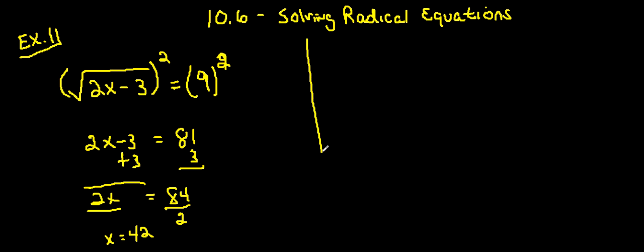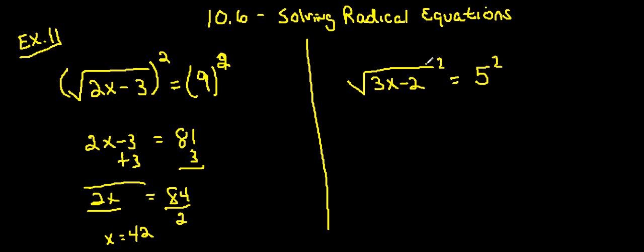Its partner over here was the square root of 3x minus 2, and this one is equal to 5. Same idea. I'm going to square both sides. Now I know my answer on the left is 3x minus 2, and the answer on the right is 5 squared, which is 25.